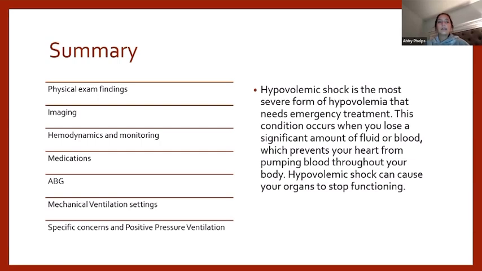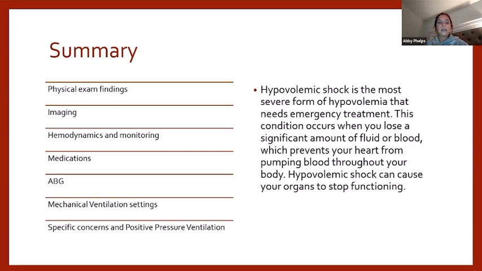So, summary. We went over the physical exam findings, what your patient would look like in hypovolemic shock, and imaging. So chest x-rays, CT scans, and ultrasounds are the three main ones. Hemodynamics and monitoring, and medications to help increase the blood pressure since hypovolemic shock decreases your blood pressure.